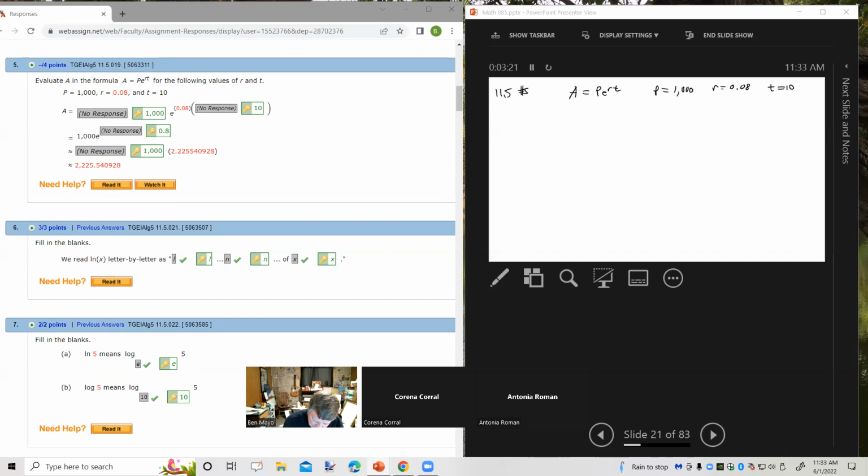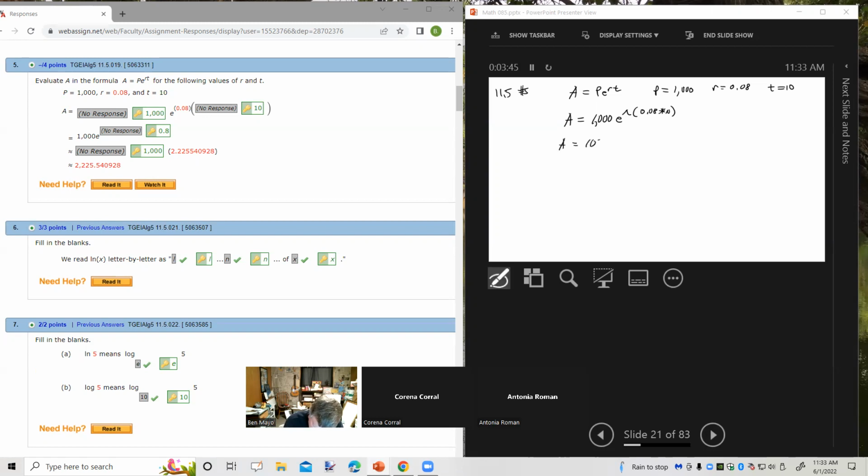So filling in the numbers, you'd have A equals 1,000 times e to the 0.08 times 10 power.